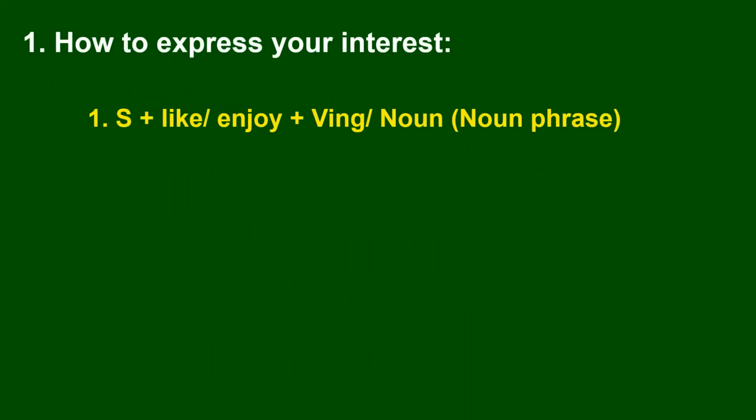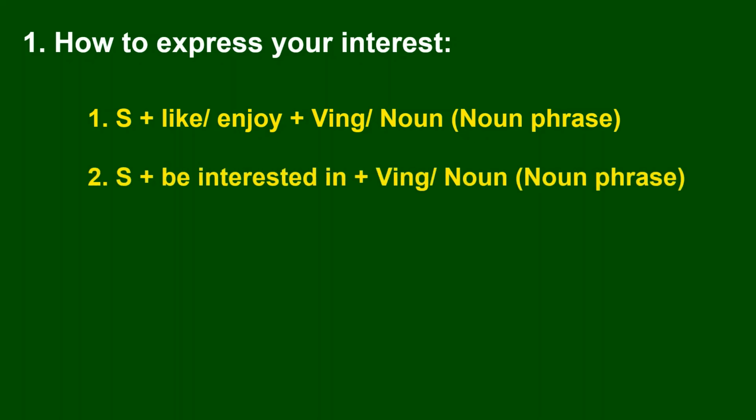So, to express your interest, you can say: subject and like or enjoy and verb-ing or noun phrase. Number 2, subject and be interested in and verb-ing or noun phrase.